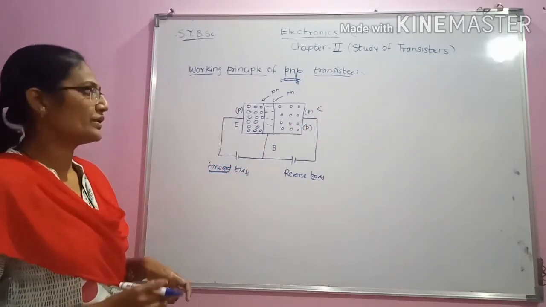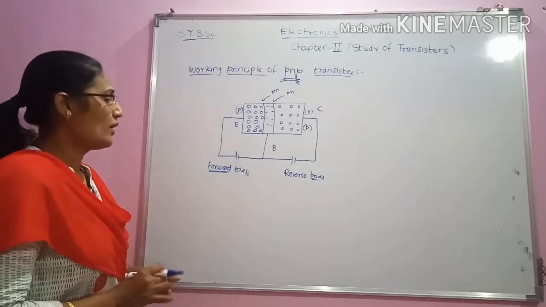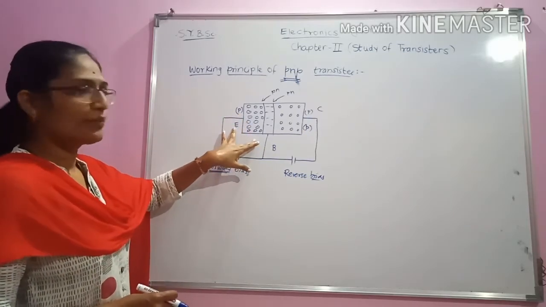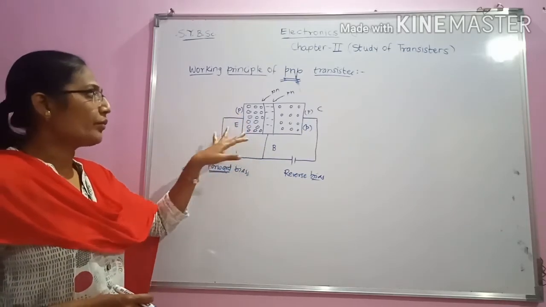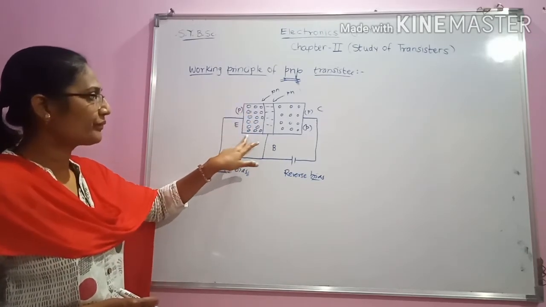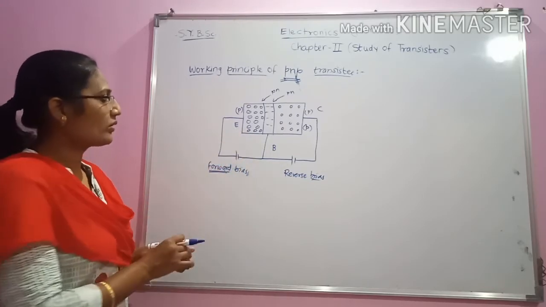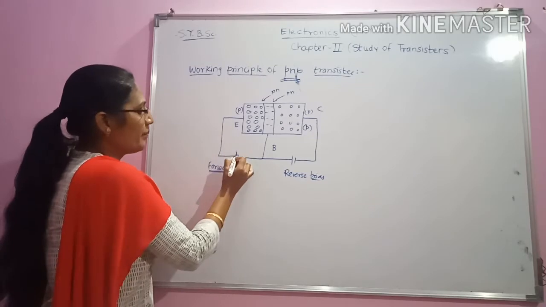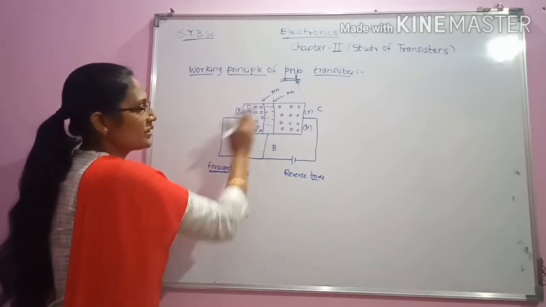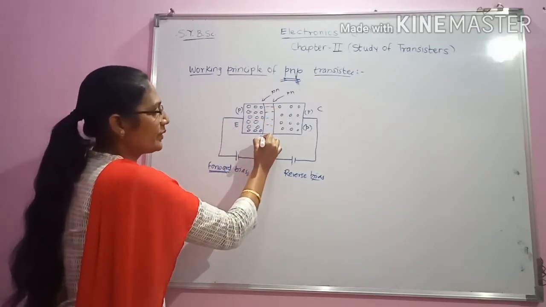Now let's move towards the working principle of the PNP transistor. When we forward bias the emitter base junction, the holes present inside the emitter get repelled by the positive terminal, and hence they start to move towards the junction, this emitter base junction.